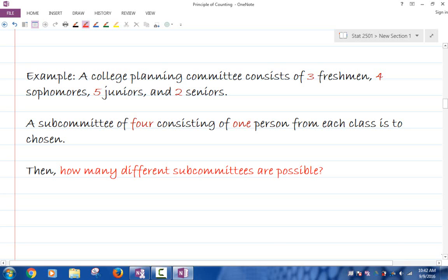A subcommittee of 4 consisting of 1 person from each class is to be chosen. Then how many different subcommittees are possible?